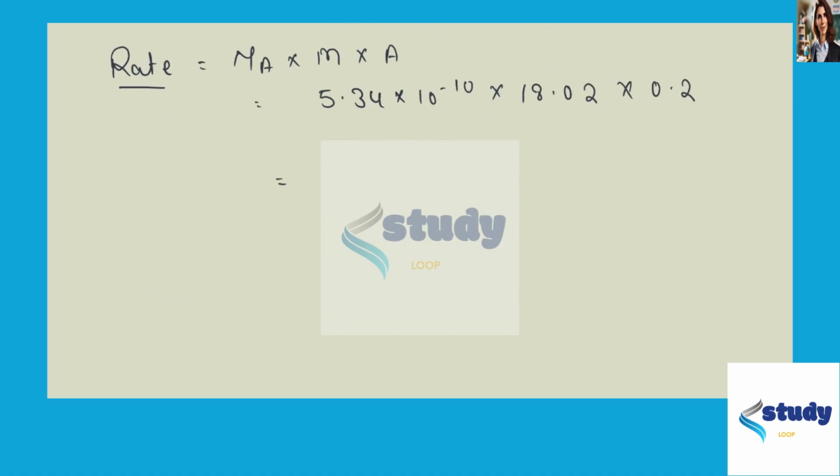So we can write the rate is equal to 1.925 into 10 to the power minus 9 kilogram per second. So we can convert it to gram per second, that is 1.925 into 10 to the power minus 6 gram per second.